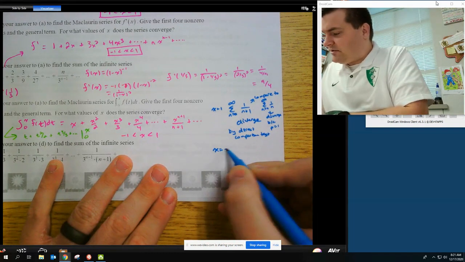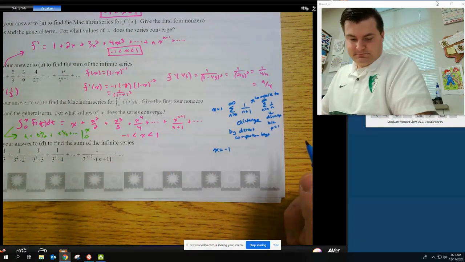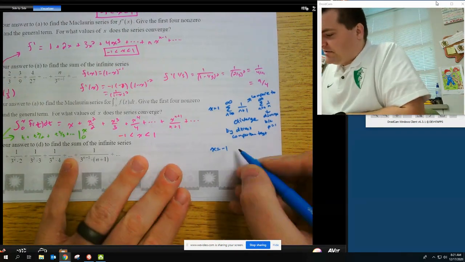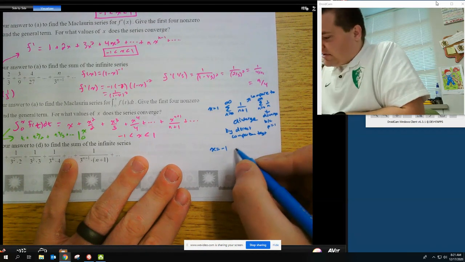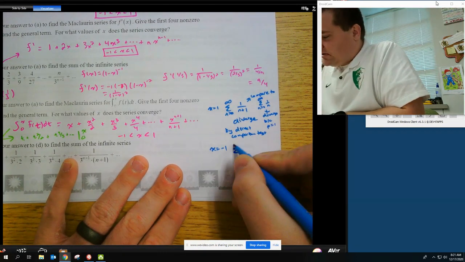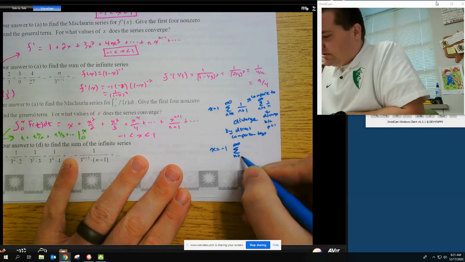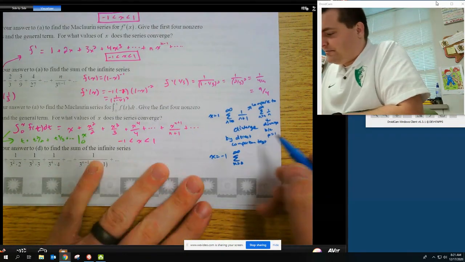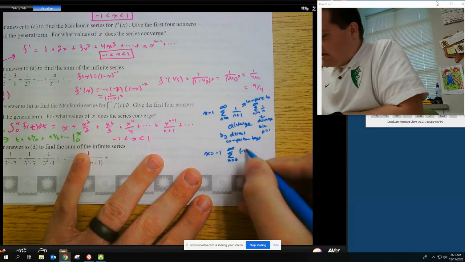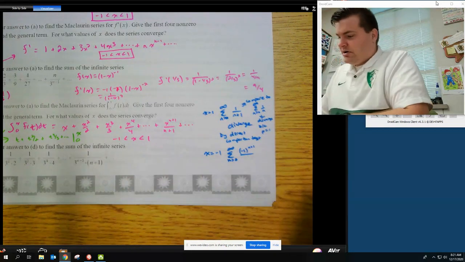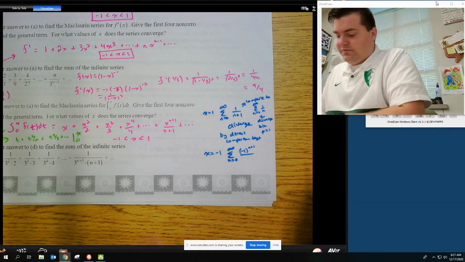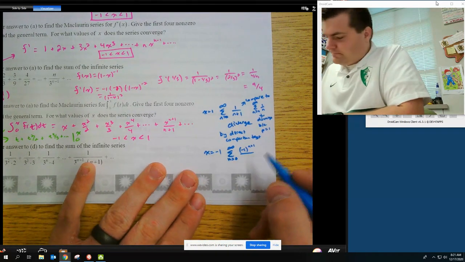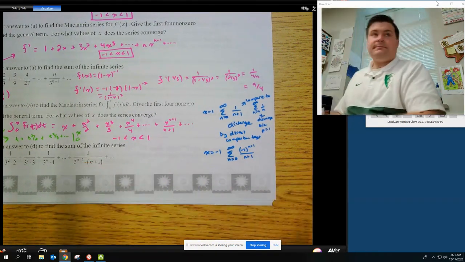So with x equals -1, I get something very similar here. If I'm plugging in a -1, it's actually going to start to alternate. So I'm going to get -1 to the n plus 1 all over n plus 1.